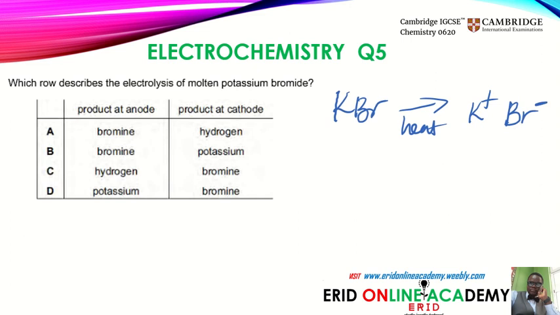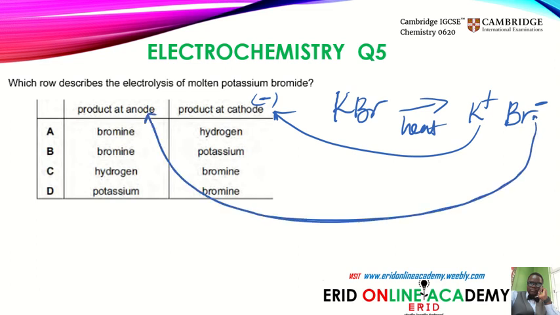By now you should know that your positive ion migrates towards the negative electrode. Your cathode is the negative electrode, while your negative ion will migrate towards the positive electrode. Anode is the positive electrode.